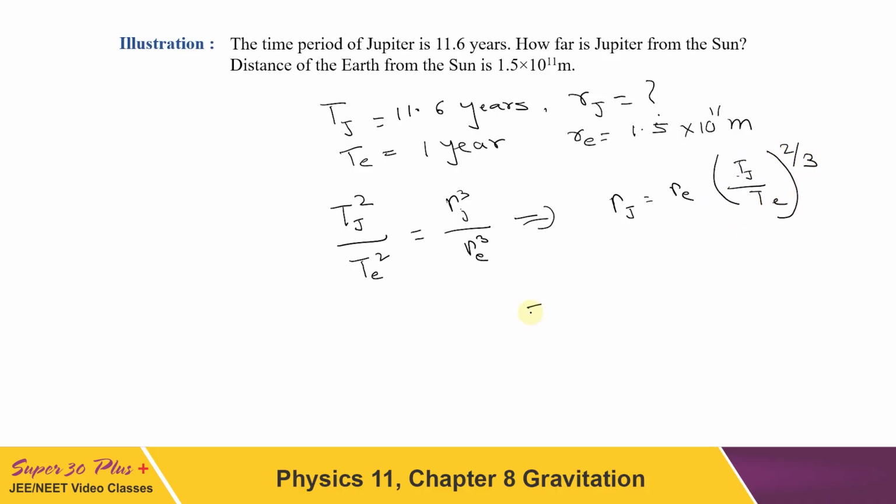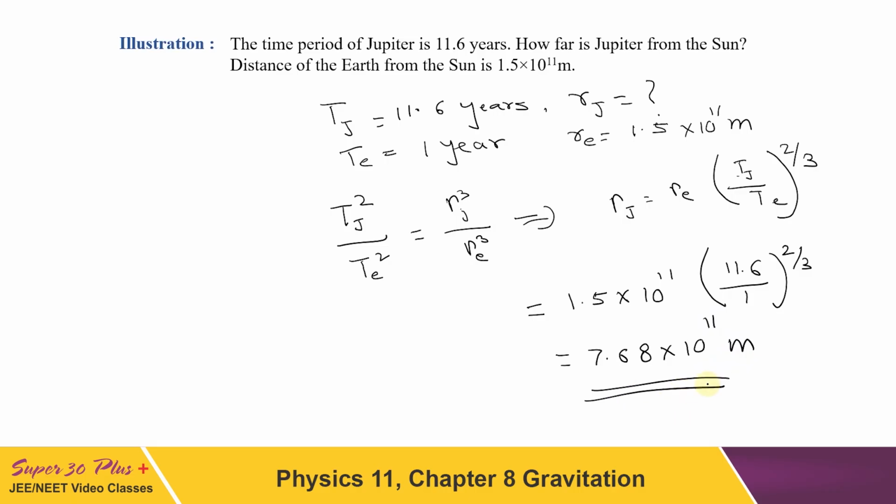If we substitute the values, that will come out to be 1.5 into 10 to the power 11 into (11.6 upon 1) to the power 2 by 3, that is equal to 7.68 into 10 to the power 11 meter. So this is the distance of Jupiter from the Sun.